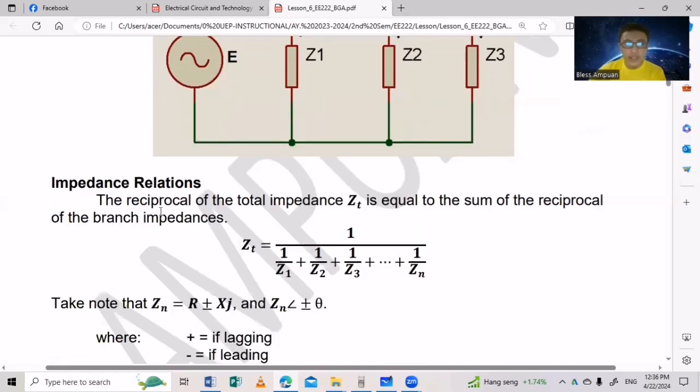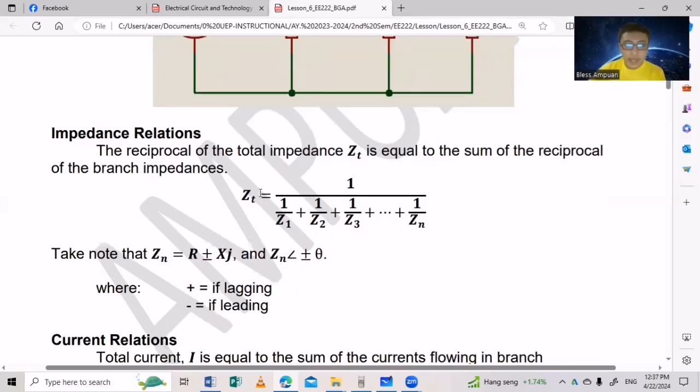Now, to get the total impedance, just use this derived formula, or you could use the other one, the application of the reciprocal formula.